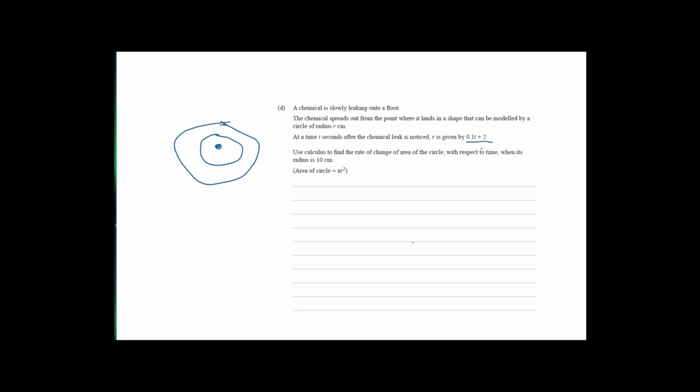Use calculus to find the rate of change of area of the circle with respect to time when its radius is 10 centimeters. So the area of a circle is pi r squared. The thing that we wanted to find out, though, there's pi r squared in there.